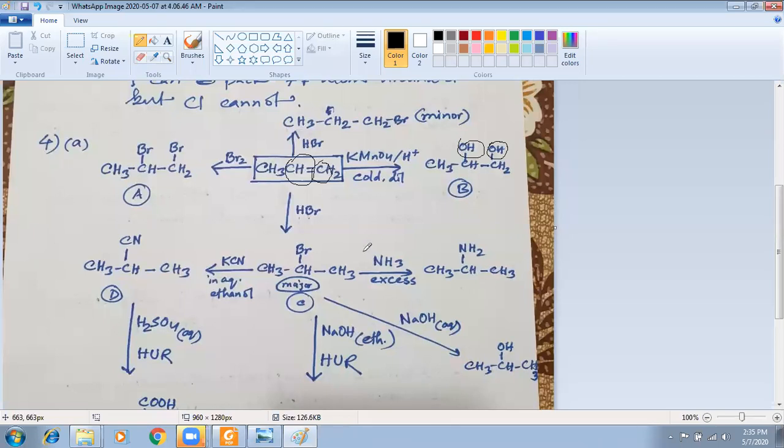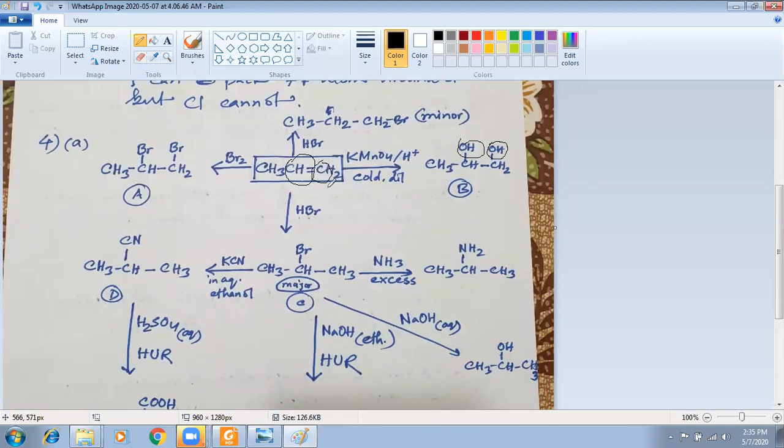But if we carry out this reaction with hot concentrated acidified potassium permanganate, at that time this double bond will be broken down completely. And as you have CH2 on this side, it will turn into carbon dioxide.